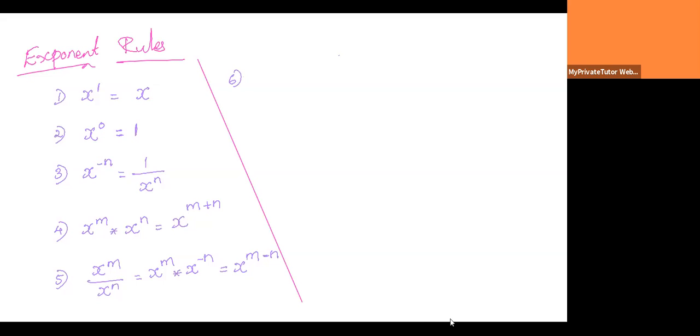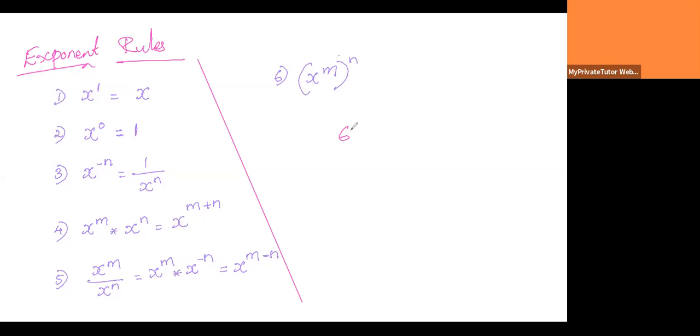So what is the next rule? We learned the basic three, then the multiplication, now the division. Now, see, x power m whole power n is nothing but an exponent of an exponent, kind of. So how does the question look?